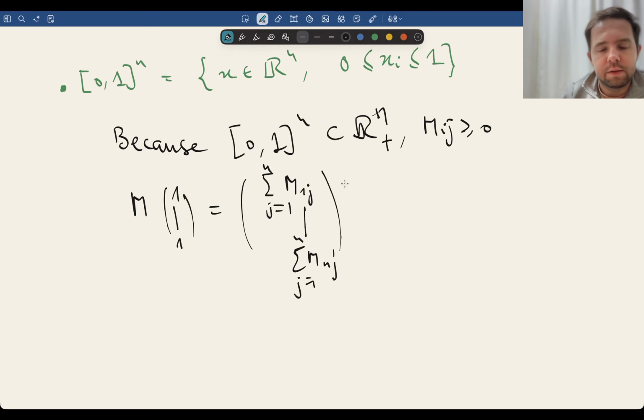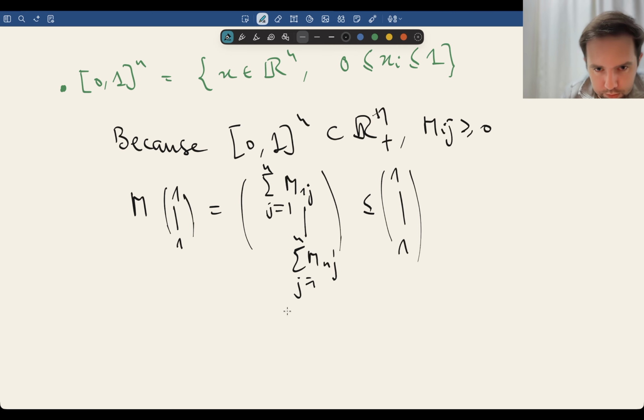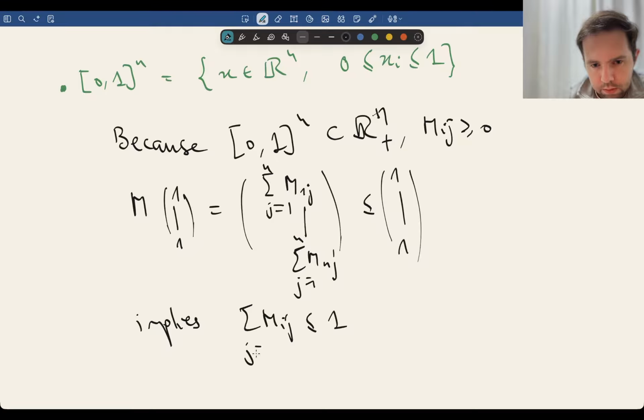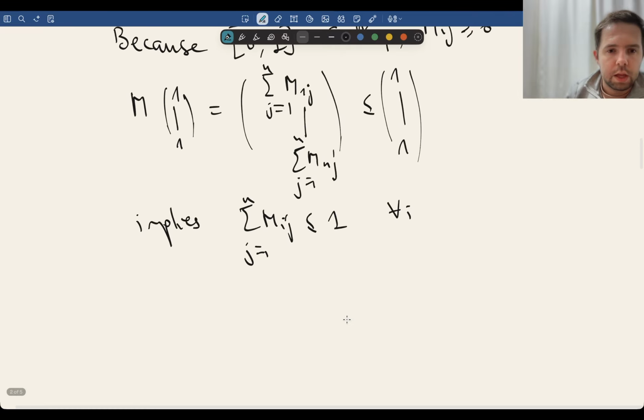And this has to stay between 0 and 1, in particular smaller than 1. So this implies that the sum of m_ij for j equals 1 to n is smaller than 1 for all i. So the rows sum to at most 1.